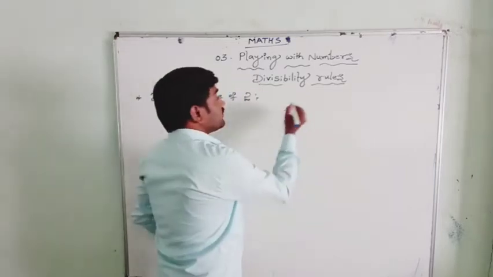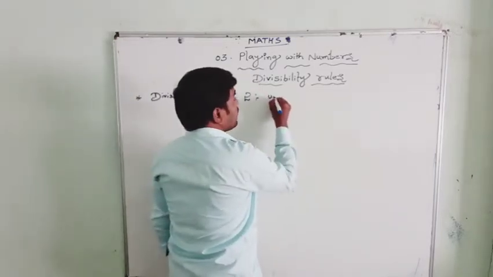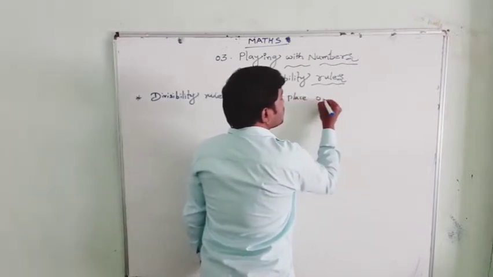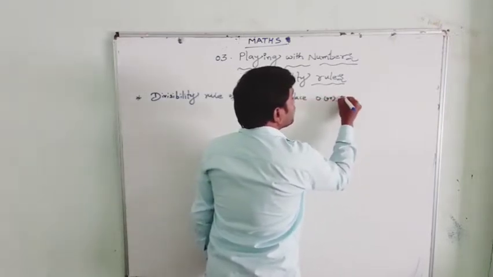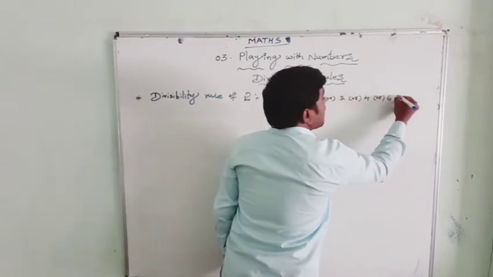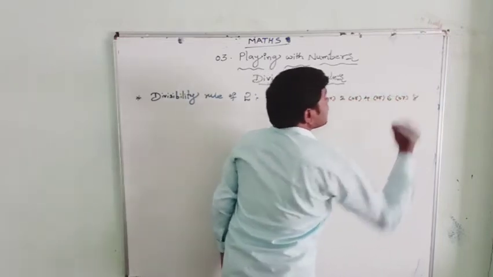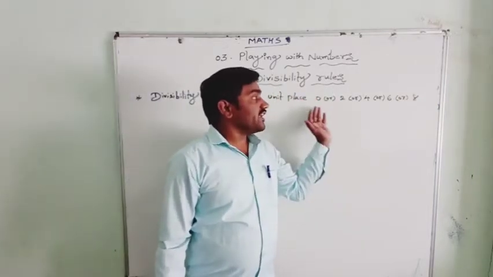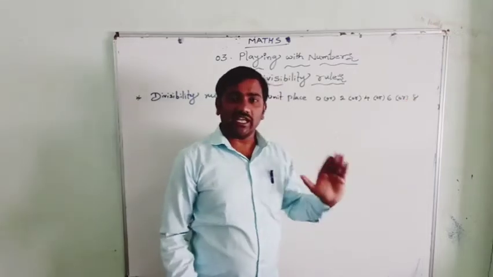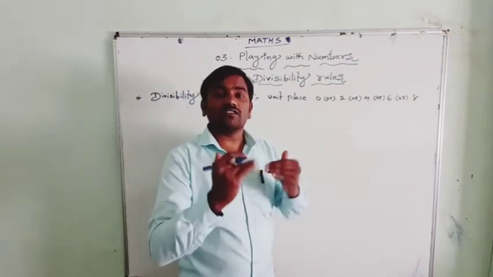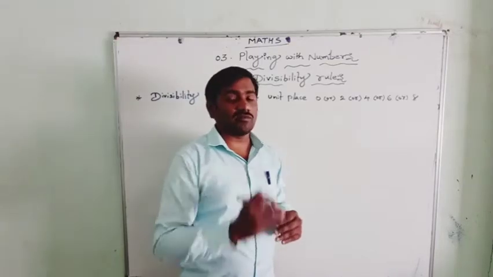Or else, in the unit place: 0, 2, 4, 6, 8. These are all even numbers. So if any one of these digits is in the unit place, then the number is divisible by 2, or else it is not divisible by 2.